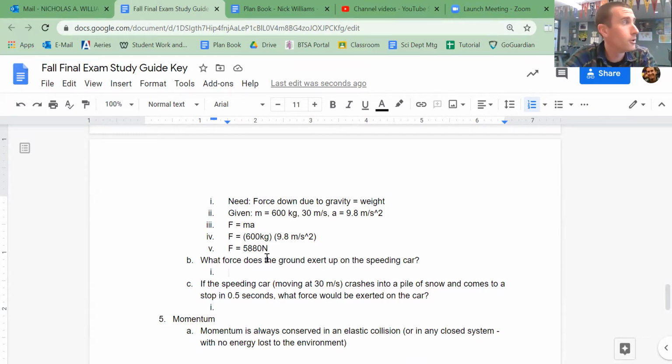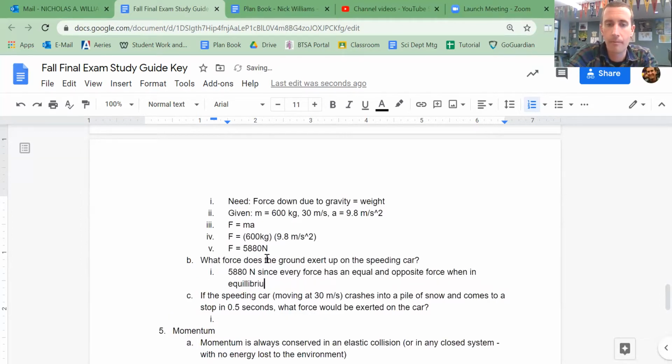So based on Newton's third law, every force has an equal and opposite force. I would find a value of 5,880 newtons, since every force has an equal and opposite force when in equilibrium. That's Newton's third law.